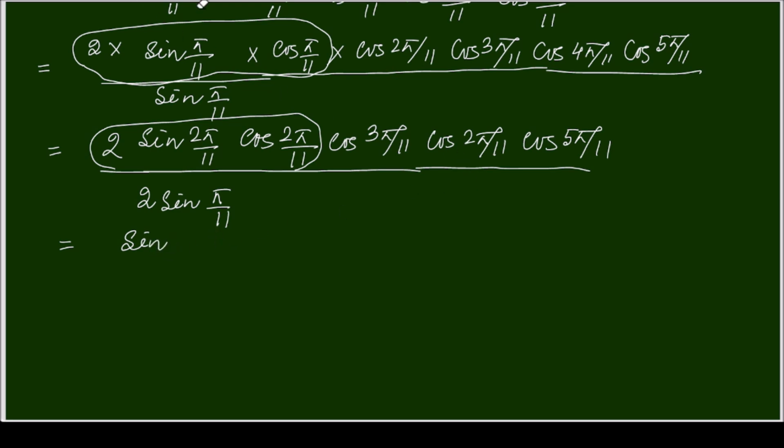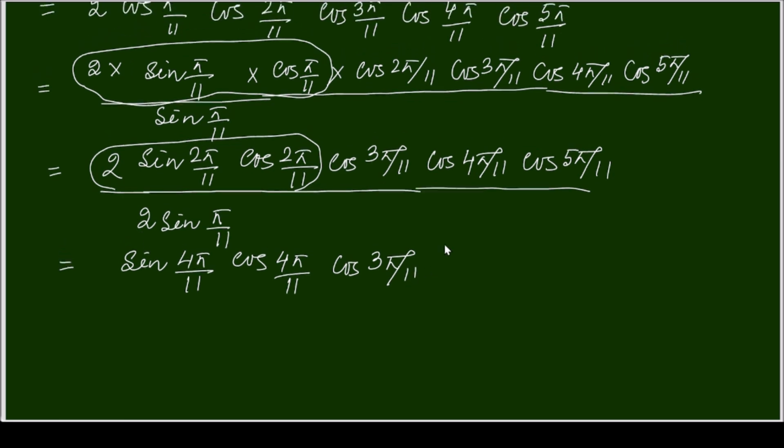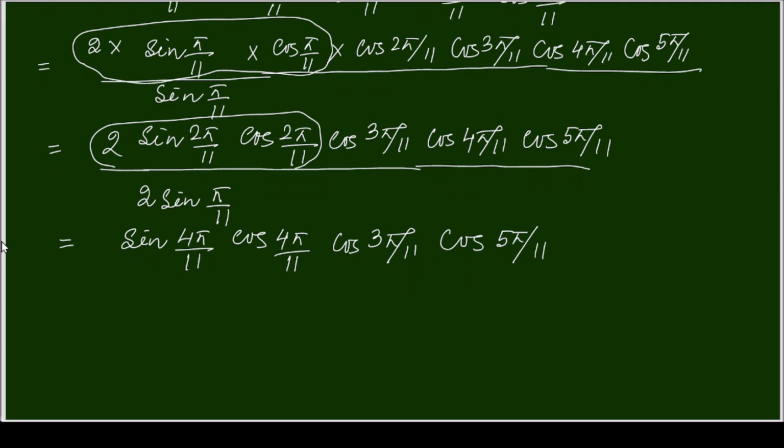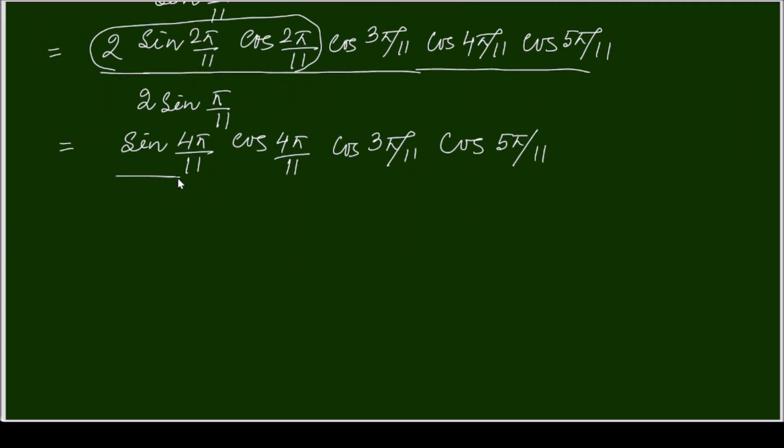It will be sin 4π by 11, by mistake I had written 2, it will be 4. I'll keep cos 4π by 11 together, and cos 3π by 11, cos 5π by 11 separate. And here there was a 2 sin π by 11 in the denominator.